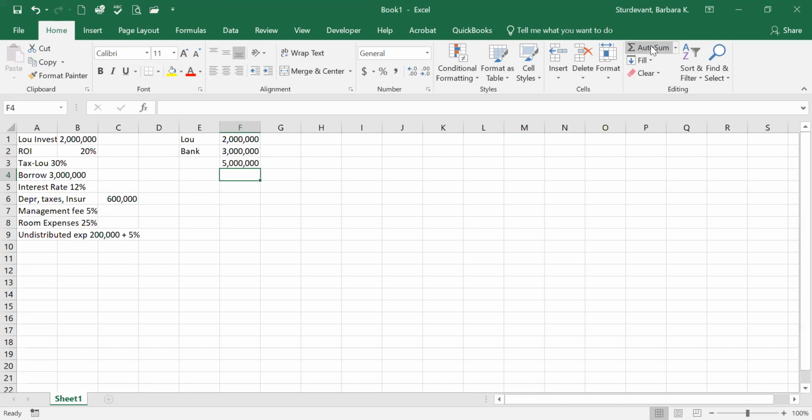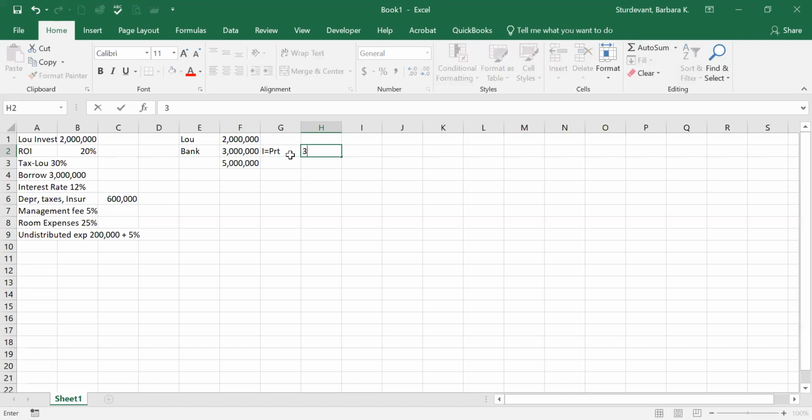We'll start with the bank because the bank is a little bit easier. The bank comes down to that simple interest formula, and we're just calculating based on 1 year.